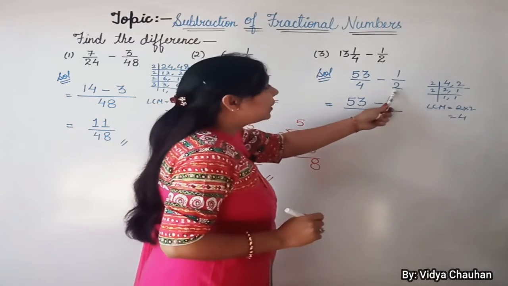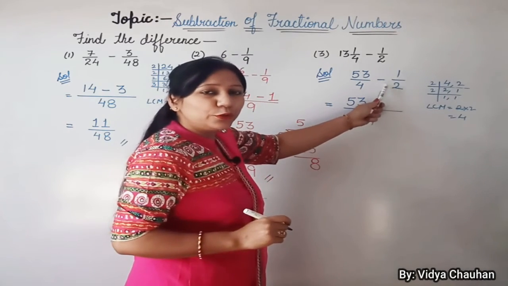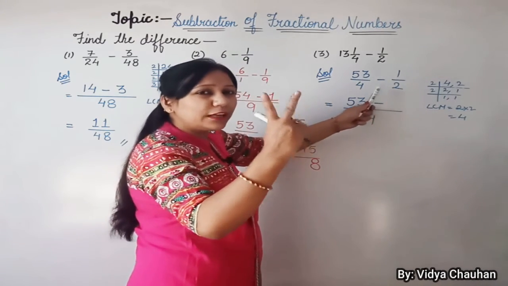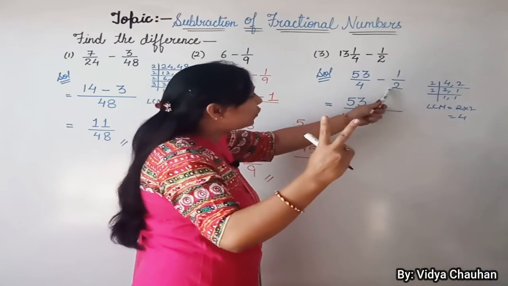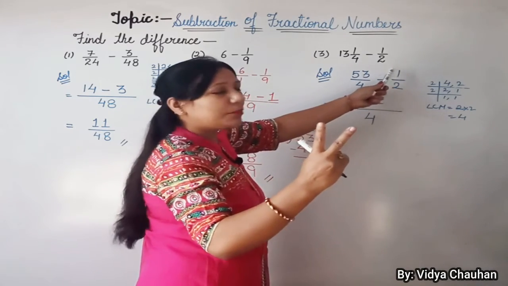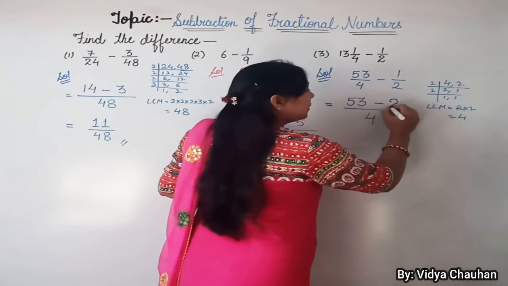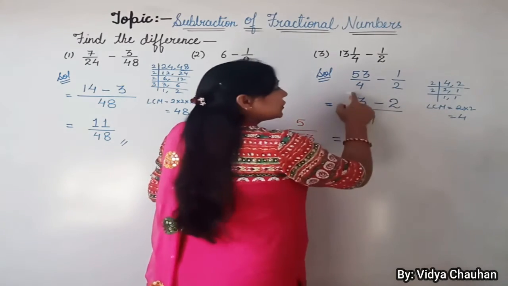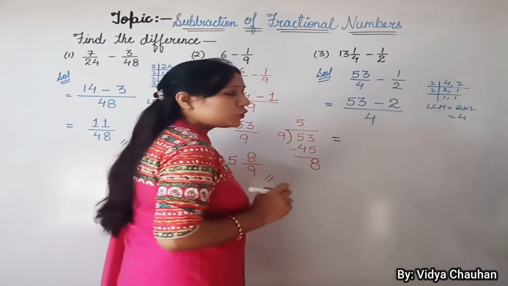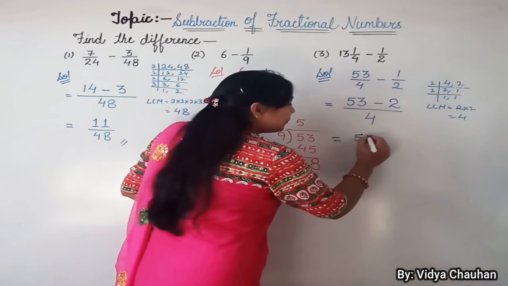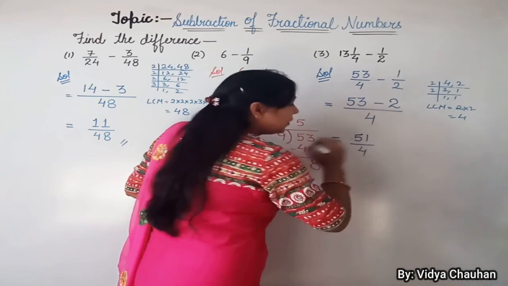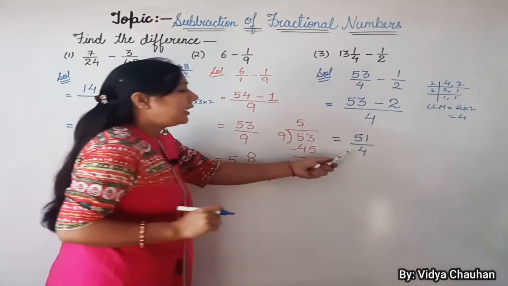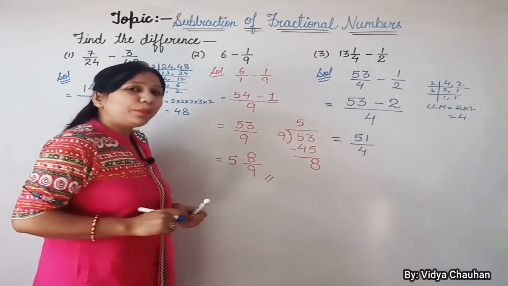Divide 4 by 2. So 2 twos are 4. That means the quotient is 2. And this 2 will be multiplied with the numerator, that is 2 ones are 2. Clear? So 53 minus 2. What will be the answer? 51 upon 4.